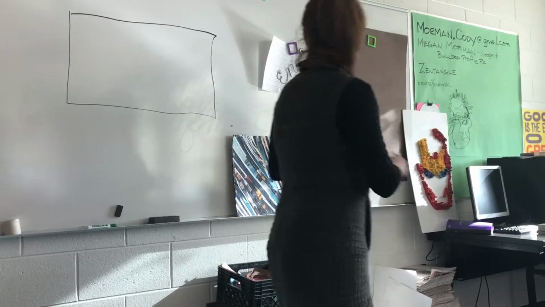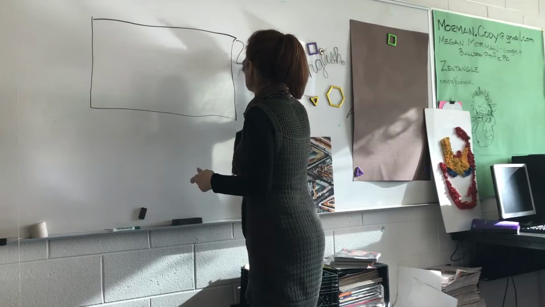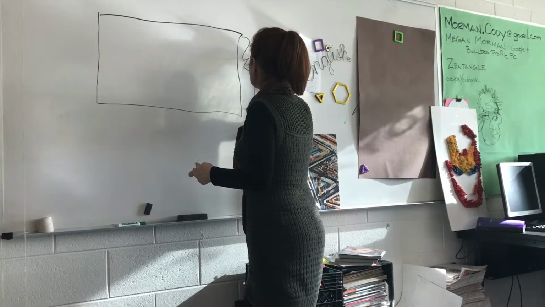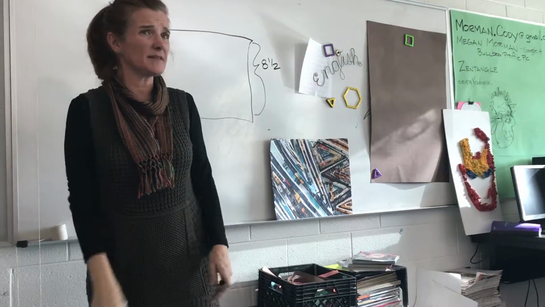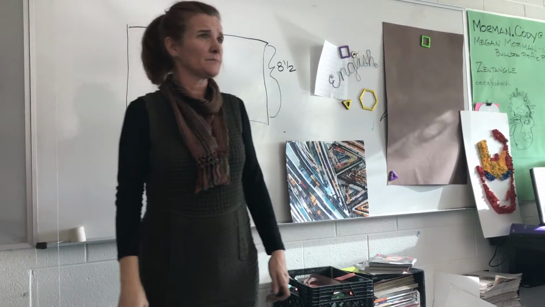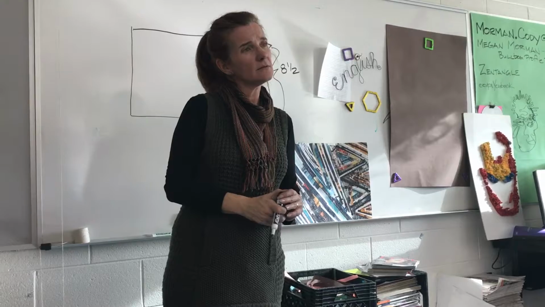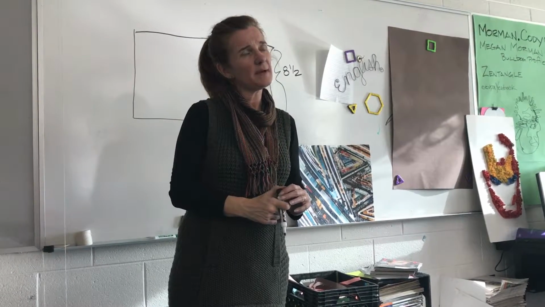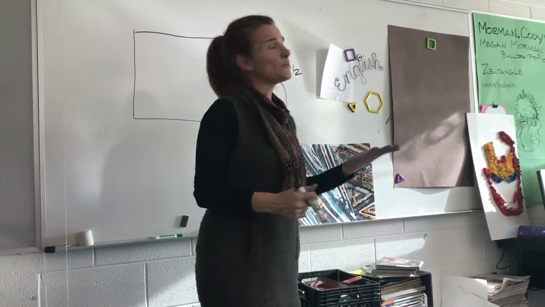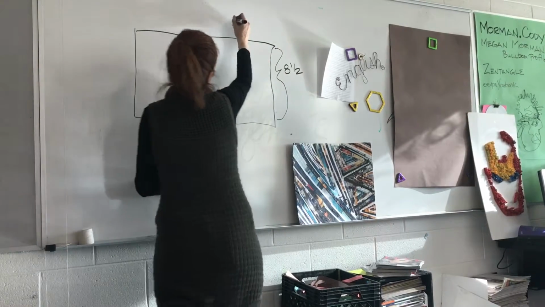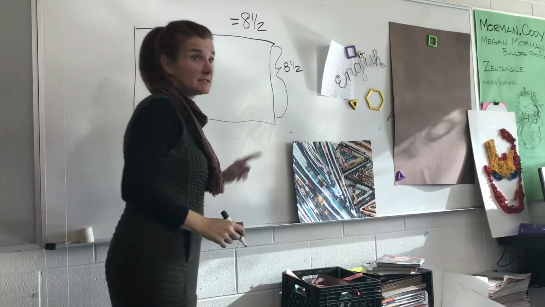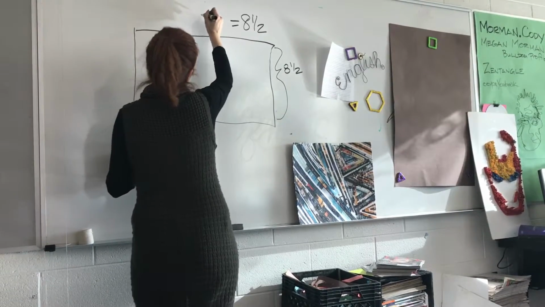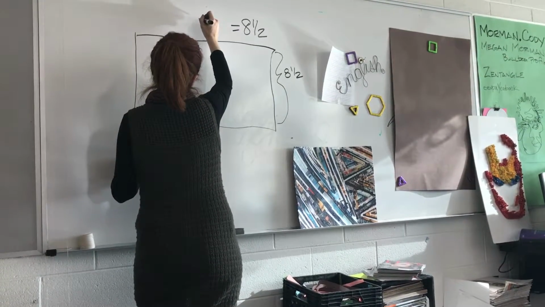So if we know that this space right here is 8.5 inches, I have 8.5 inches, and I'd like to get 2.5 inches in the middle of that paper, right? I don't know that we would divide by 4. If we're going to write an algebraic equation, we know it equals 8.5, and I've got 2.5 in there.